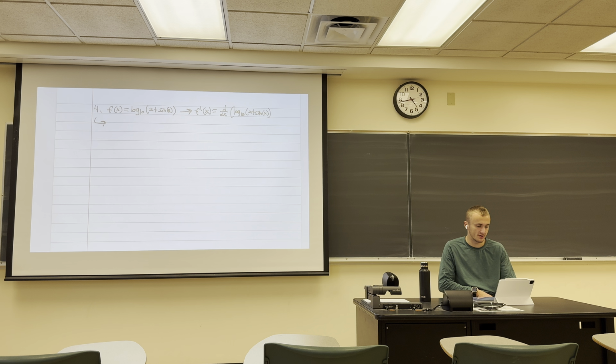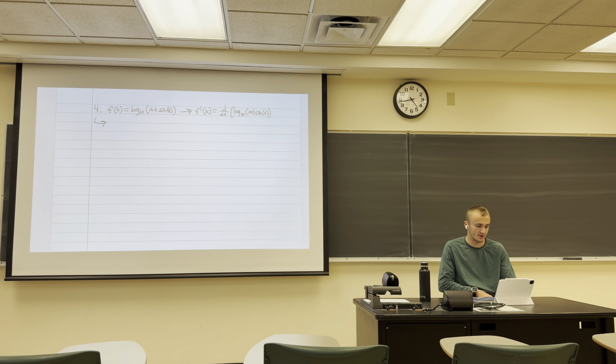Call that number 1. This one here will be number 2, where we have y equals x to the 1 over x. So that's going to be variable base and variable exponent, like case 4. So that's where we're going to have to apply logarithmic differentiation to both sides.